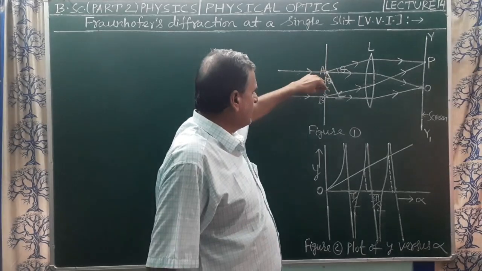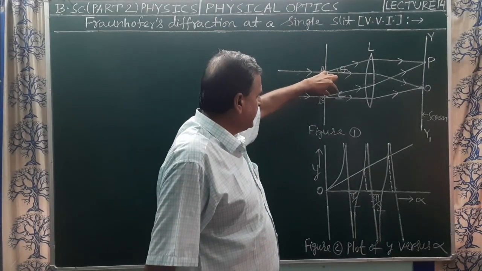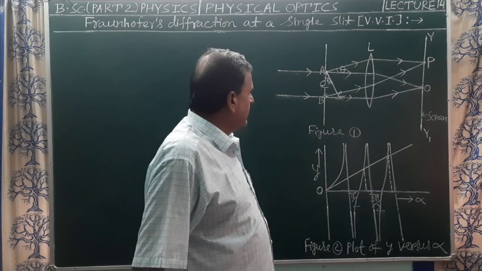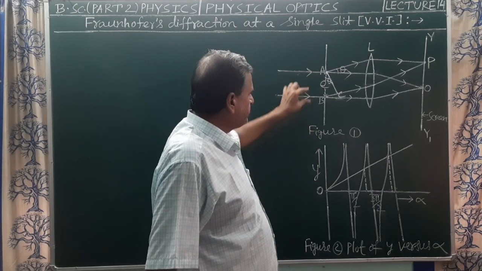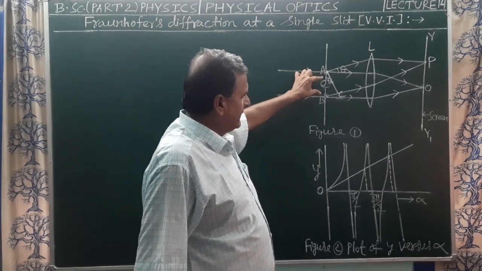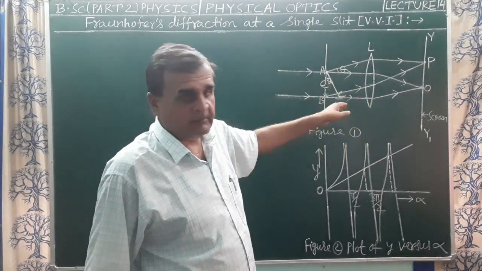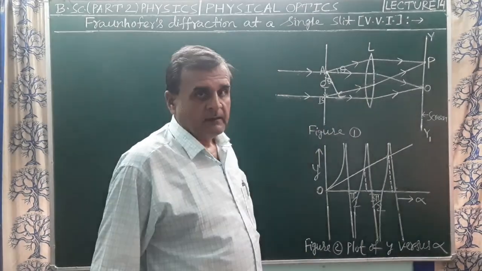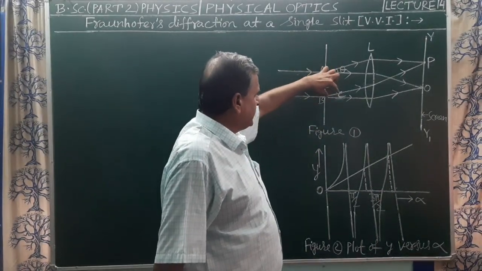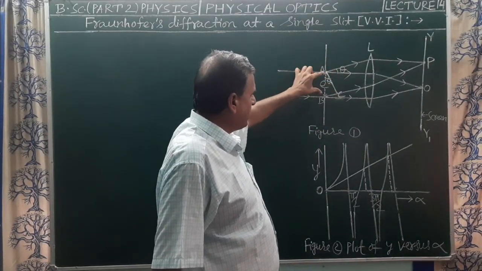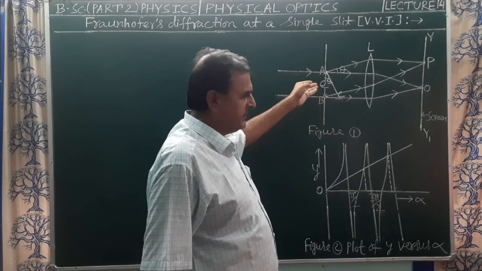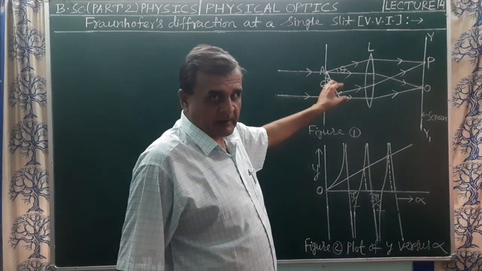So sine theta equals perpendicular BC upon hypotenuse AB, and hypotenuse AB is the width of the single slit, which we have taken as small e. Therefore, BC is equal to AB sine theta, that is e sine theta.